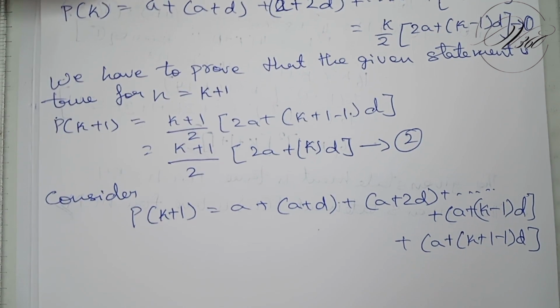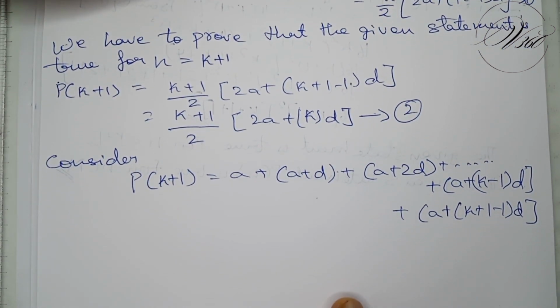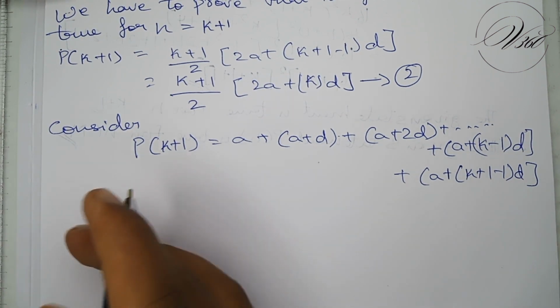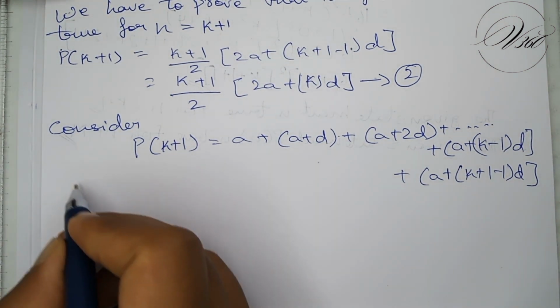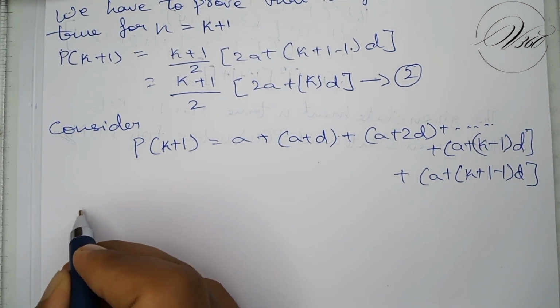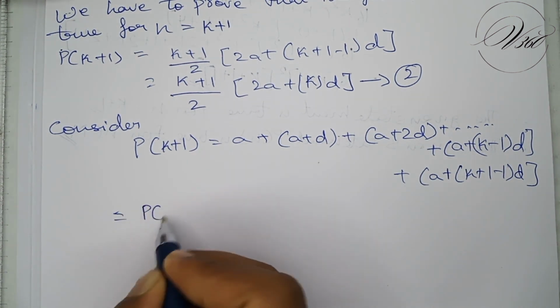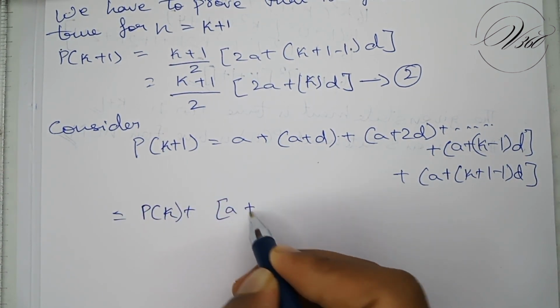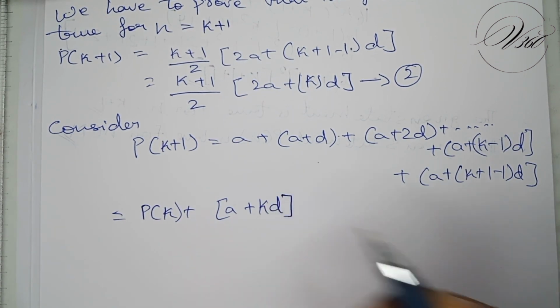Okay, now wait a second, let me raise it. Yeah, now here I will get p of k plus a plus k of d.